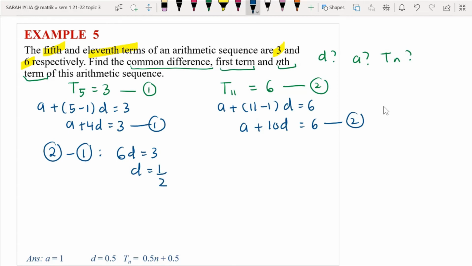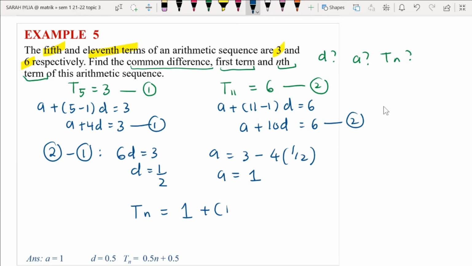And then kita nak cari A. Nak cari A boleh masukkan D ni tadi kat dalam first equation ataupun masuk kat dalam second equation. Saya masuk kat dalam first equation lah. So, we have A equal to 3 minus 4 times D. So, 4 times half. In this case, our A would be 1. Dah dapat dah. And then last one, we have to find the n term, Tn. So, Tn is A. So, 1 plus n minus 1.